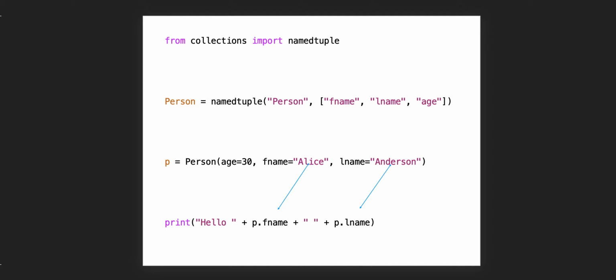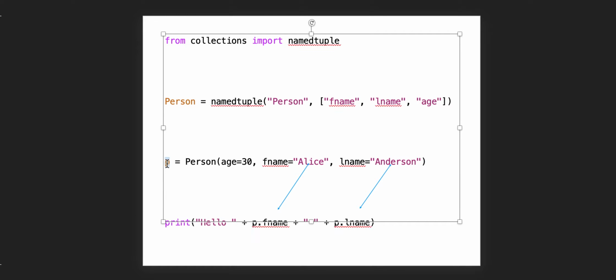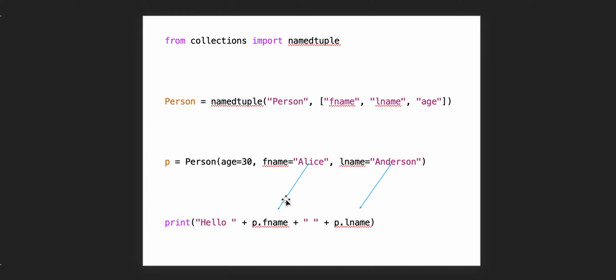All right, so let's talk about how to access the values of the attributes given a particular object. Just a quick recap, as I mentioned, the object that gets instantiated when you invoke the person function is going to go into the variable called p, and the way that you're going to access attributes is by using the dot operator.